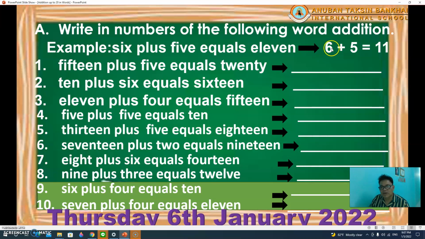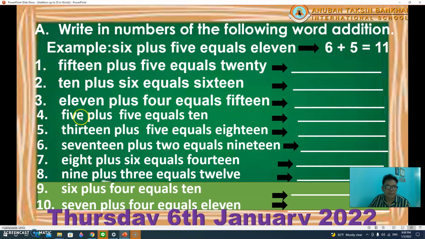Number 1, 15 plus 5 equals 20. Number 2, 10 plus 6 equals 16. 11 plus 4 equals 15.